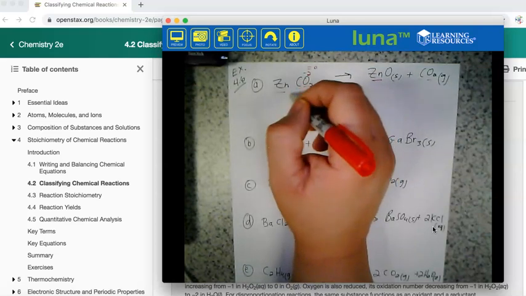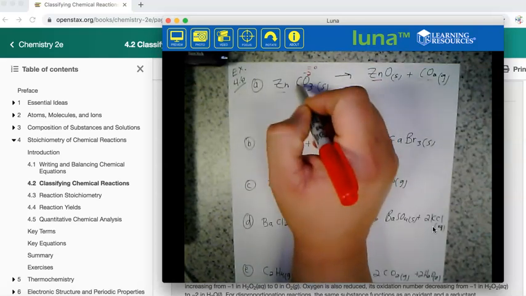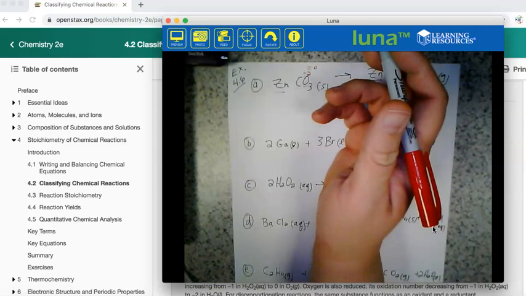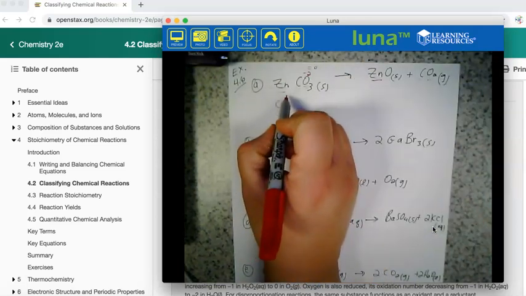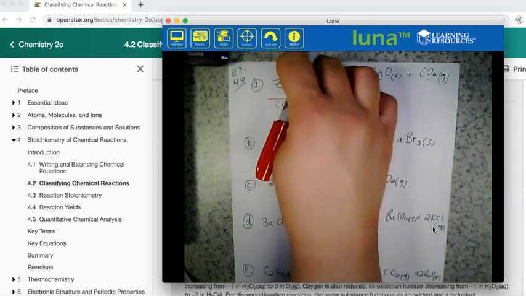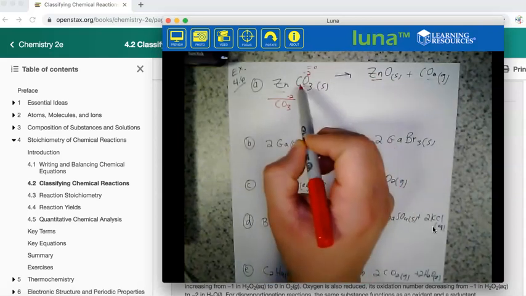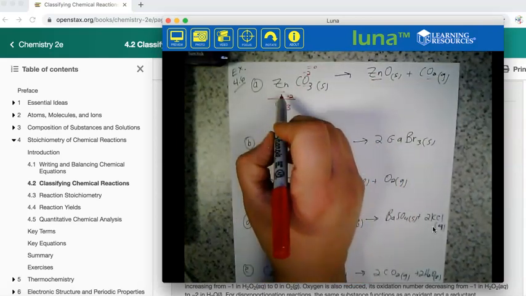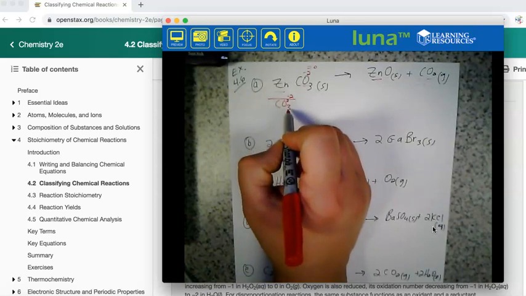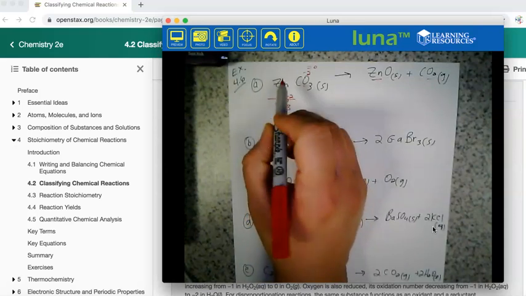Sometimes when you have something like this where you have a transition metal and you have carbon, you don't really know what it's going to be. You remember that carbonate has a -2 charge. So you have to kind of break this part apart first, figure out carbon, and then you can figure out zinc afterwards. So here, oxygen is -2, so -2 times 3 is -6.